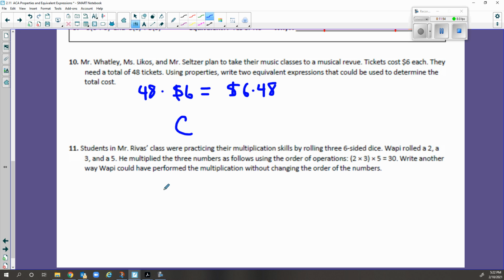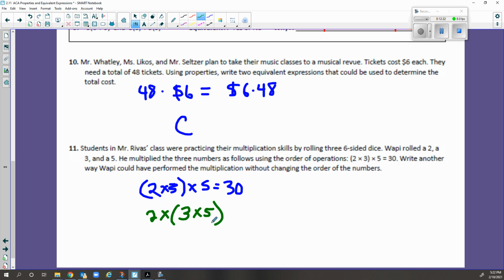So let's take a look. We could just do 2 times 3 in our parentheses, and we could do times 5 to get 30. That's the way it shows in the problem. Well, what is another way? Another way could just be to take 2 times the quantity 3 times 5.